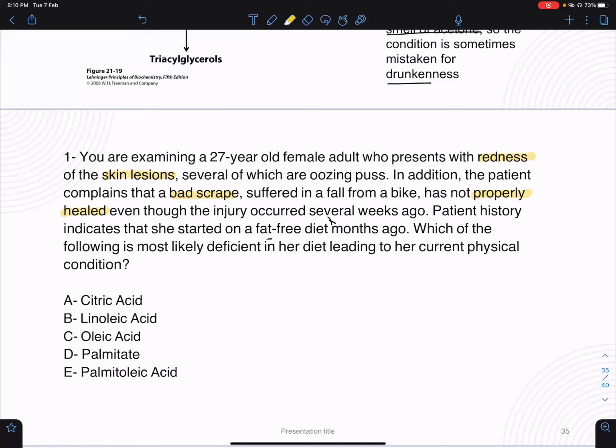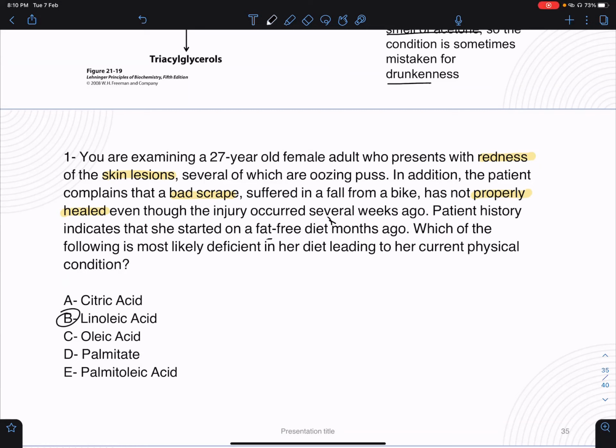So this means there's a problem with the essential fatty acids because they're precursors to those hormones. So does anyone have an answer? B. Exactly, yes. Does anyone have any different answer? Okay, let's move. Is this question clear?